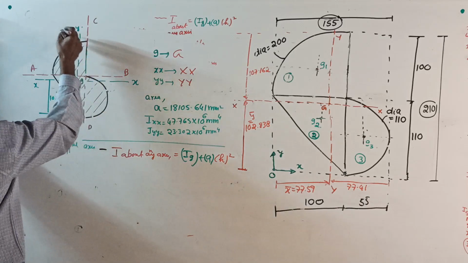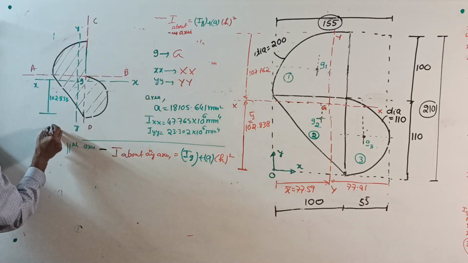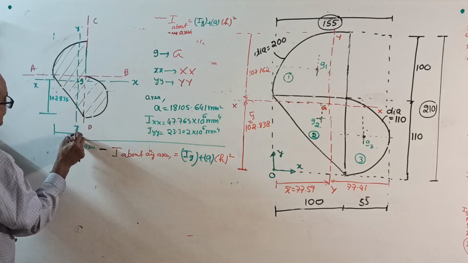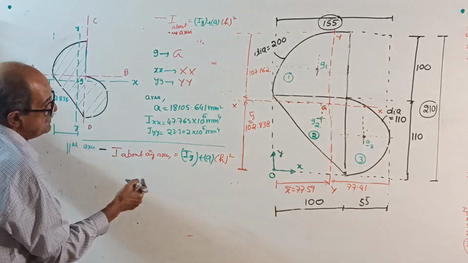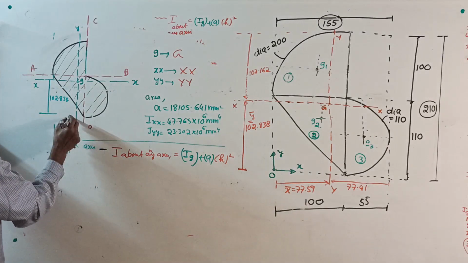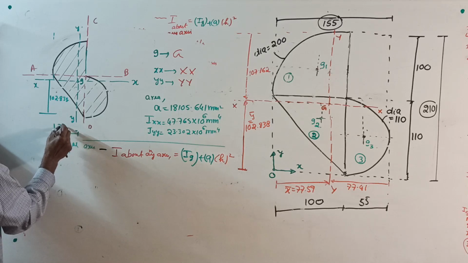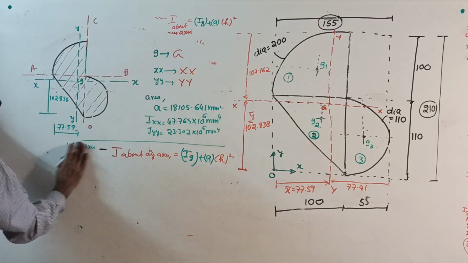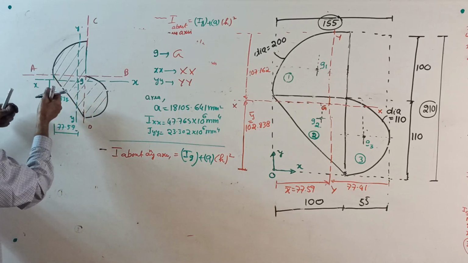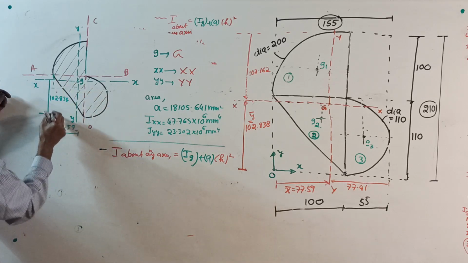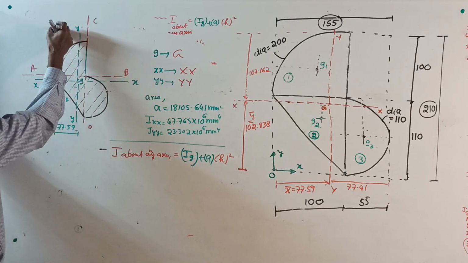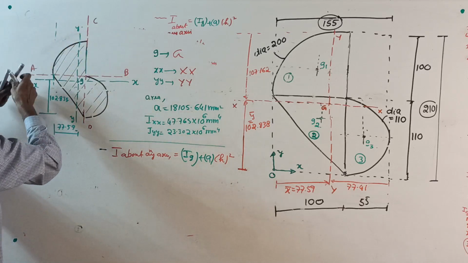And this distance, from the extreme end here, we also got: 77.59. Now, from here, I'll mark here in black color.